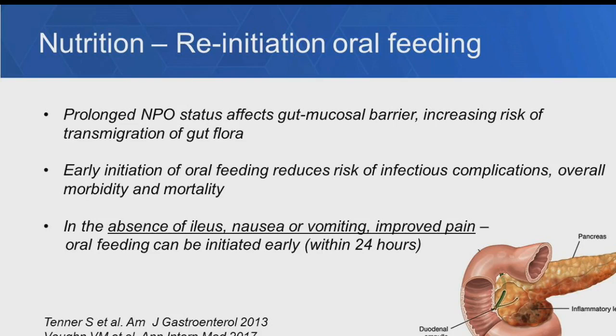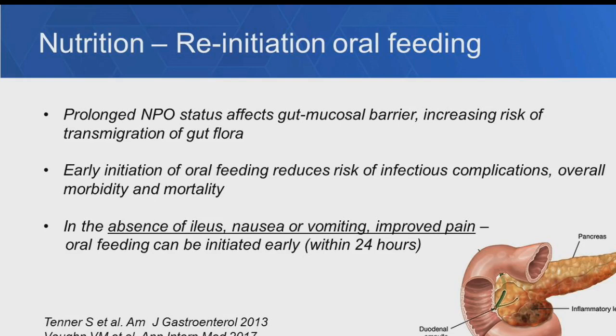And regarding the nutrition and reinitiation of oral feeding, historically, it was recommended to keep patients on prolonged NPO status to give a rest to the pancreas to reduce the activation of the enzymes and inflammatory cascade, but there is no strong evidence recommending that concept. And rather, when patients are kept on prolonged NPO status, the gut mucosal barrier can be disrupted.